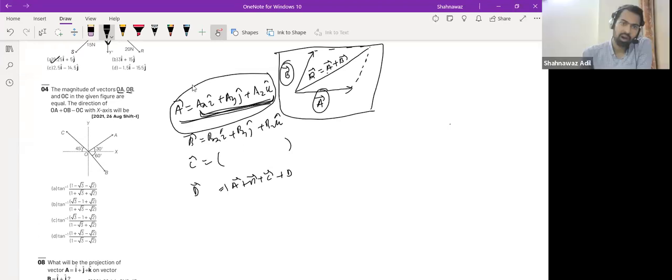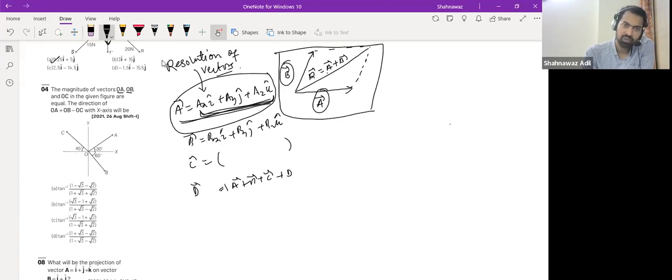And how do we reach this Cartesian form? Whenever this kind of form is given, we can apply the resolution of vector. That is why the resolution of vectors comes in handy whenever the magnitude is given and the angle is given.